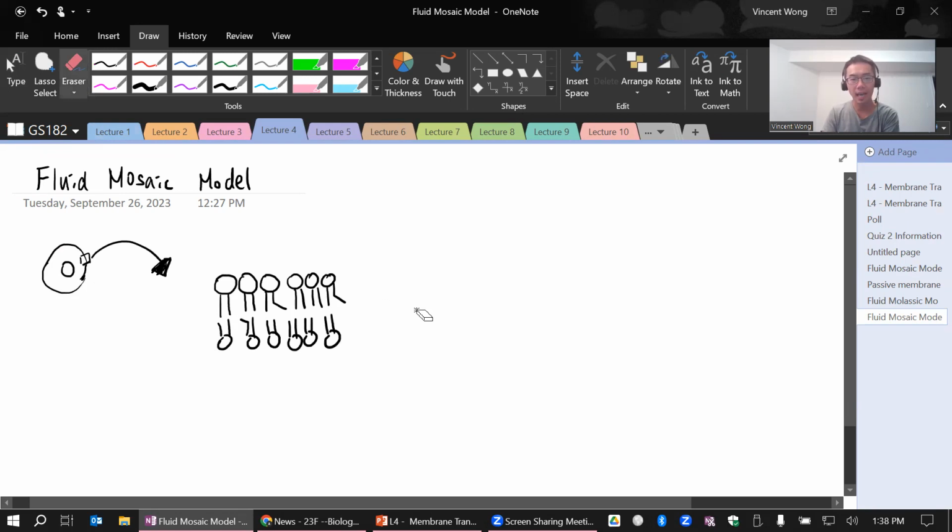Then leave a gap. And then draw more. Throw in a few kinky ones here and there. Have another gap.